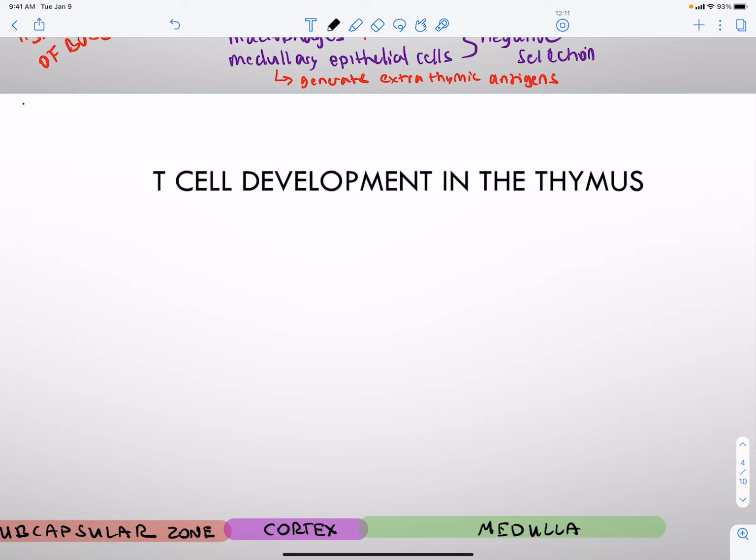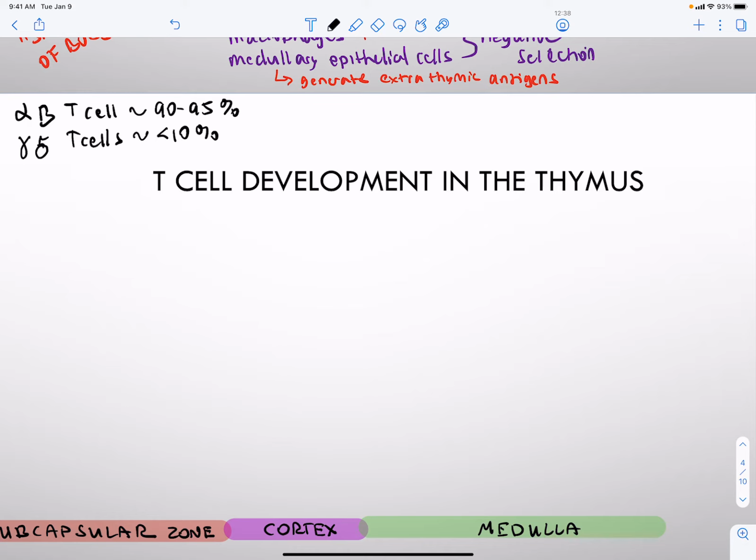So we have our alpha beta T cell, which is approximately 90 to 95% or more. And then we have our gamma delta T cells, approximately less than 10%. And so both of these are going to develop initially in the thymus.